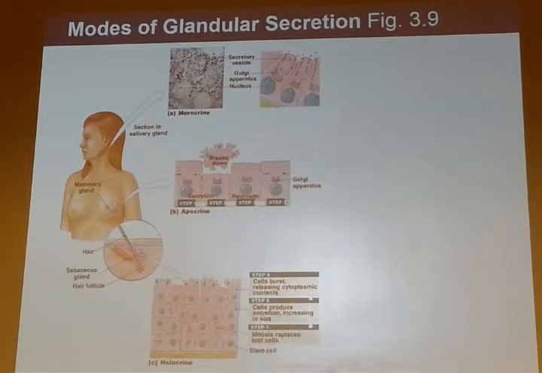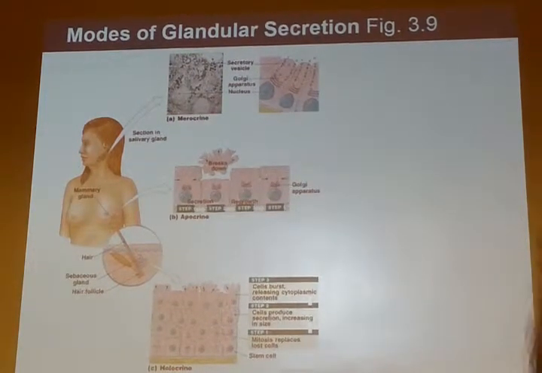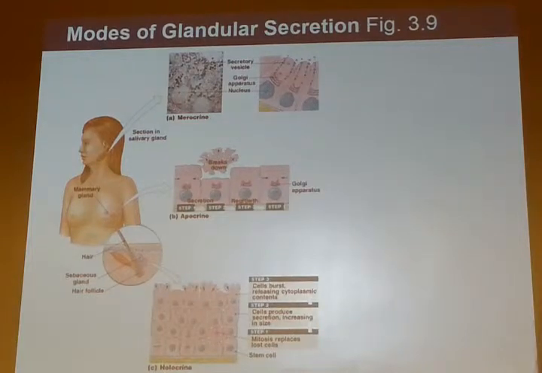No, this apocrine sweat gland is secreting in a merocrine fashion. Sorry, can't do anything about it. Nobody has changed the name of the gland. Maybe they could hyphenate it, apocrine-merocrine sweat gland, but no, they still call it apocrine. Now you have to realize it's actually secreting in a merocrine fashion.